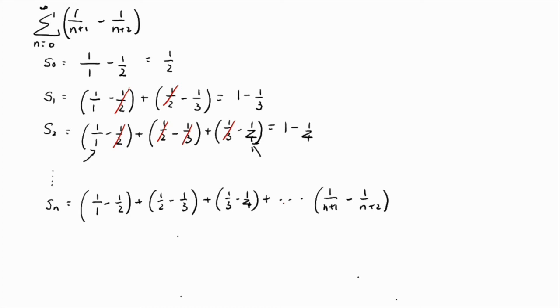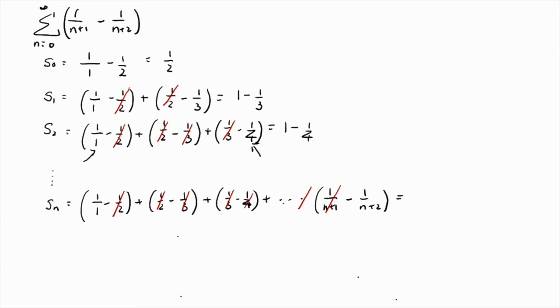If you open up the brackets for this sum, minus half will cancel with half, minus a third will cancel with a third, and 1 over n plus 1 will cancel with something in an earlier bracket.